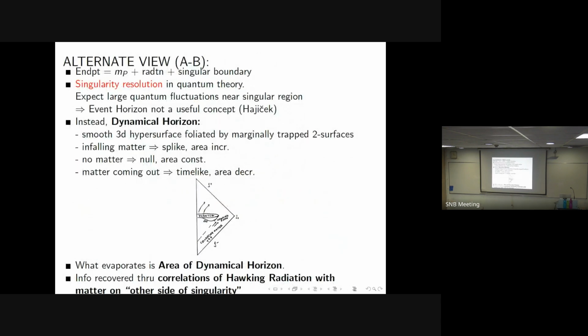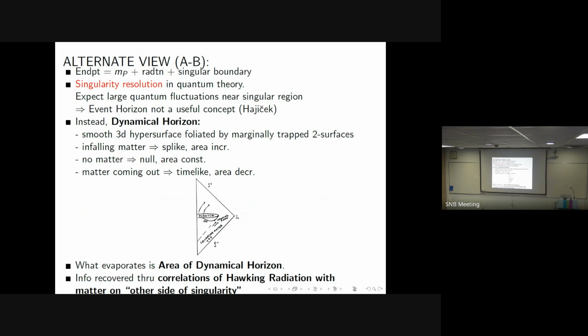Again, the Einstein equations themselves tell you that if matter falls in, these two-spheres increase in area. If there is no matter at all, as when it asymptotes to the event horizon, there is no area increase. And when there's matter coming out, there is area decrease. So what really is evaporating in this picture, I'm sorry, I made a mistake here.